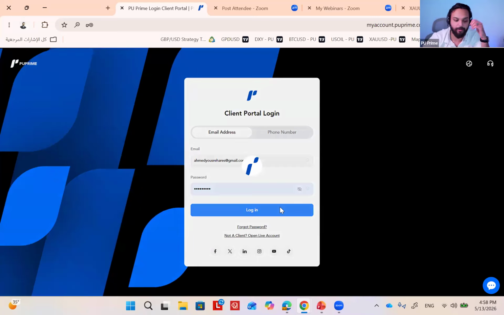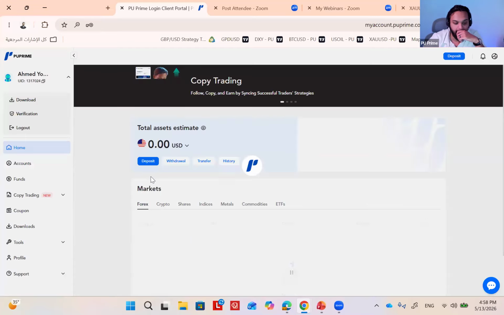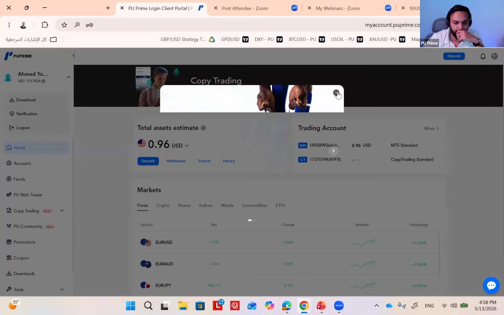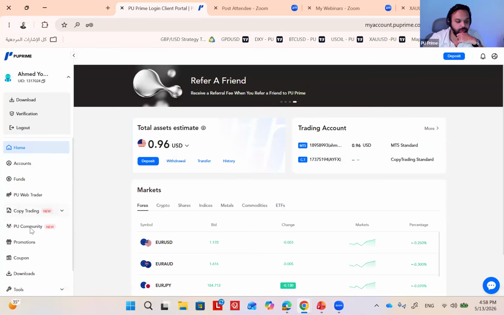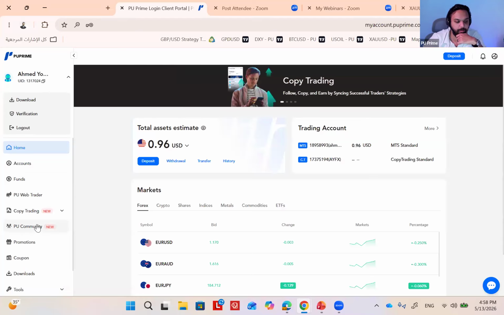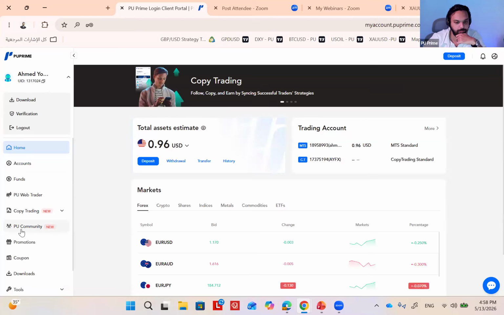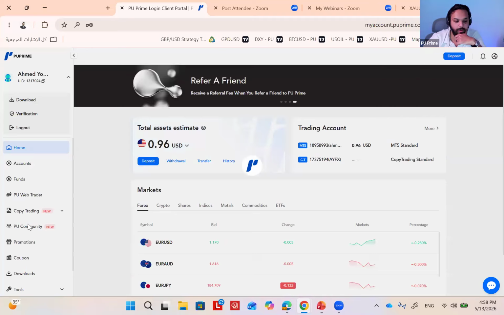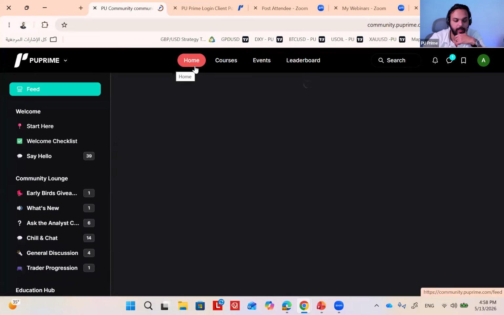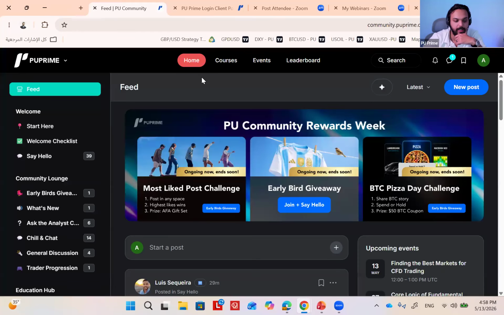You have a live account there. Then you will go here and find something called PU Prime Community on the left-hand side, as you can see. Once you click on PU Prime Community, it will open a profile. You just need to write your name and your email, and then the PU Prime community will open.